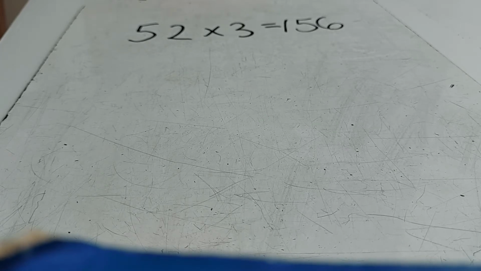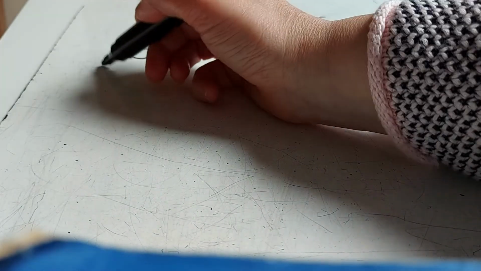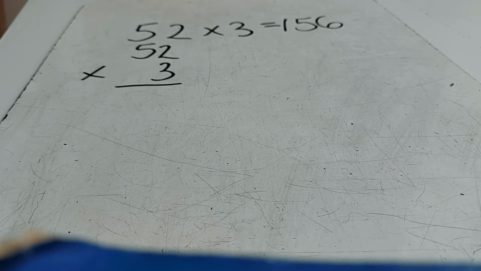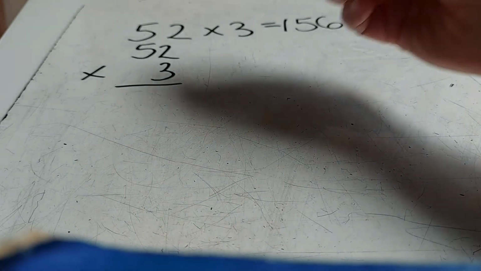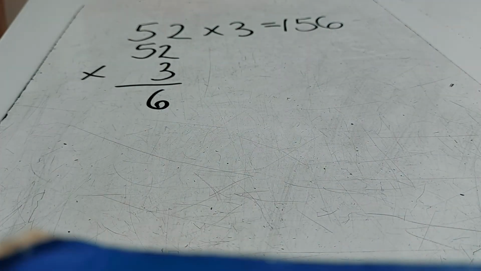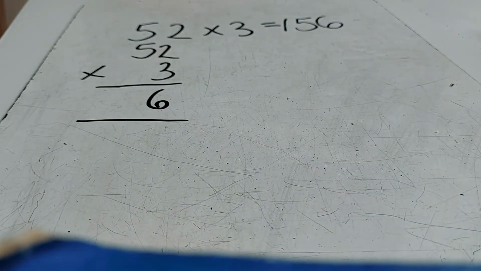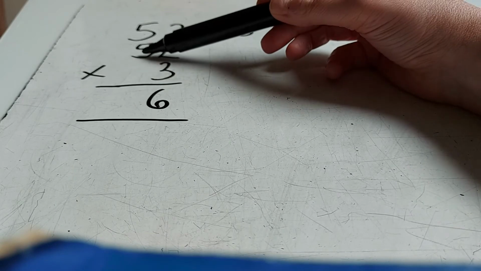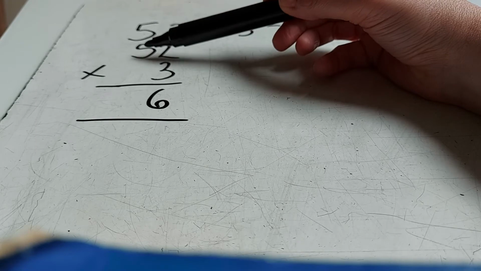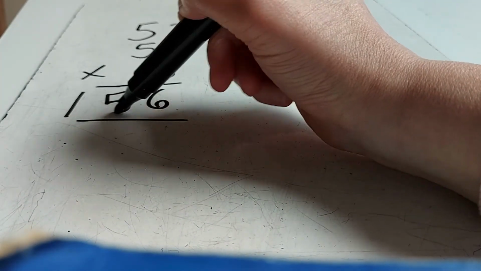Okay. So we still set it out the same way, 52 times 3, okay, and 2 times 3 is 6, so we can put the 6 in there, okay, and then we go to the 10s, and it's 3 lots of 5 tens. 3 times 5 is 15, 15 tens is the same as 150, so 1 would go there and the 5 would go there.